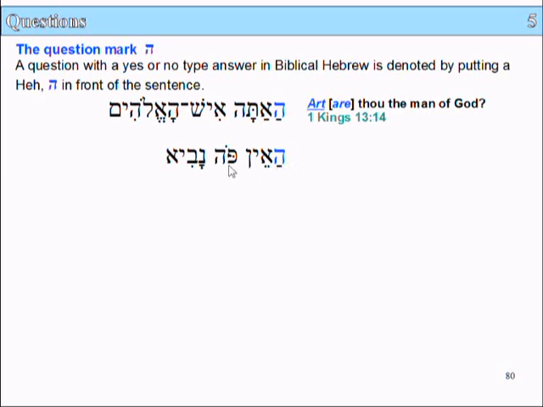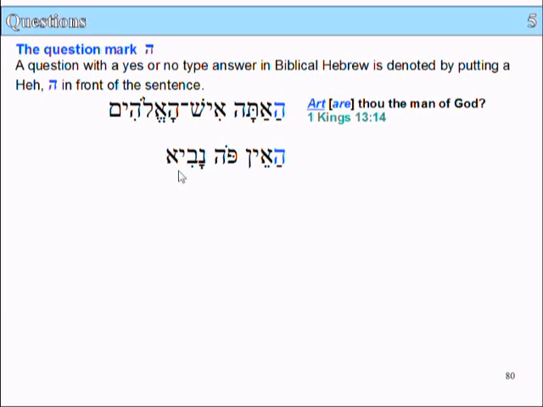Ha'ayin po navi. Ayin means not, and po means here. So this is saying not here, something or other. Navi is prophet. It comes from the word bo, which means to come or to go, because a prophet sees things that are to come.